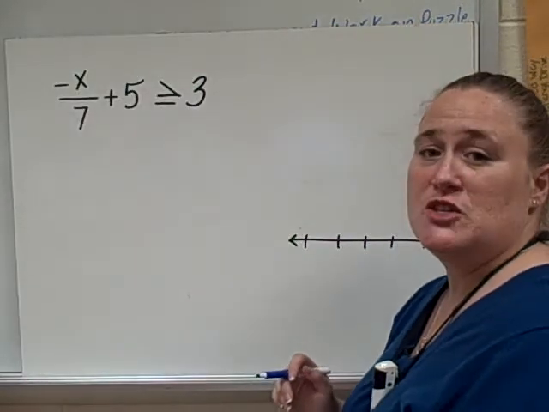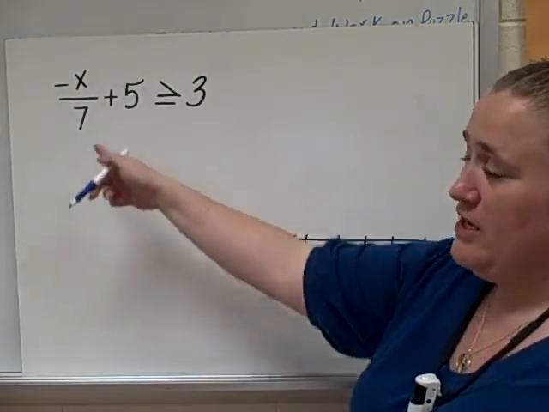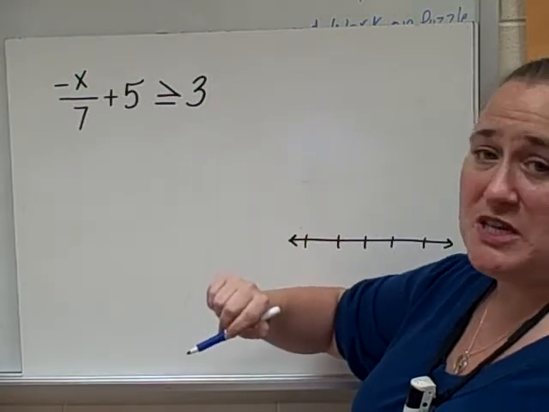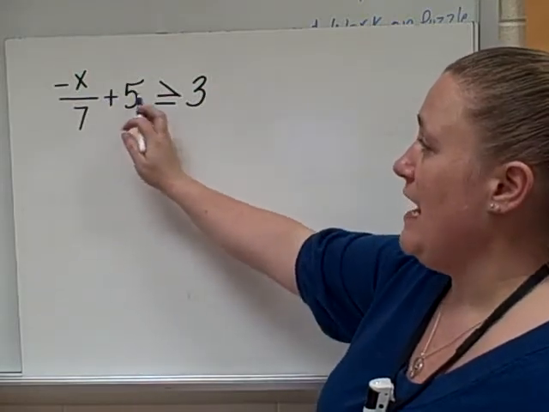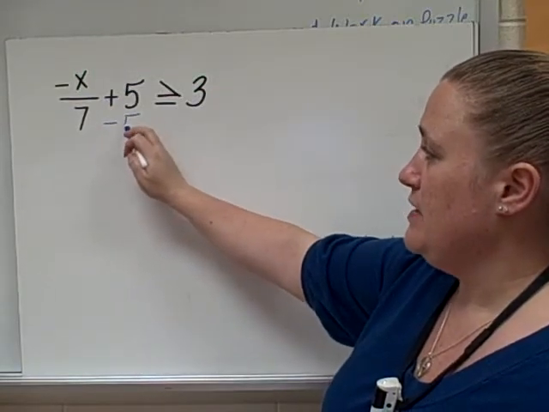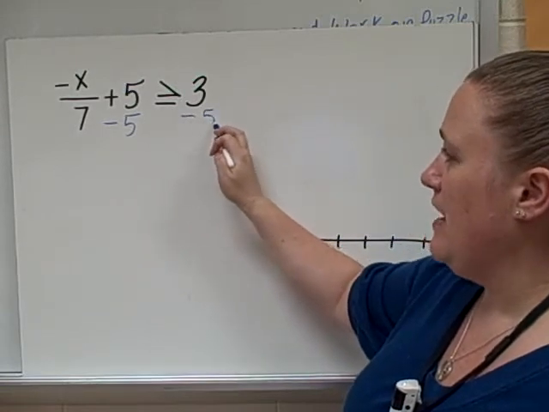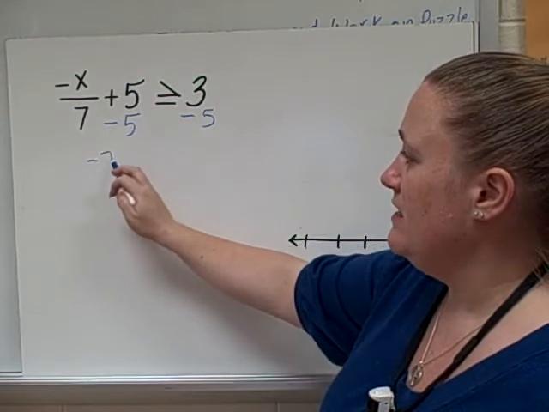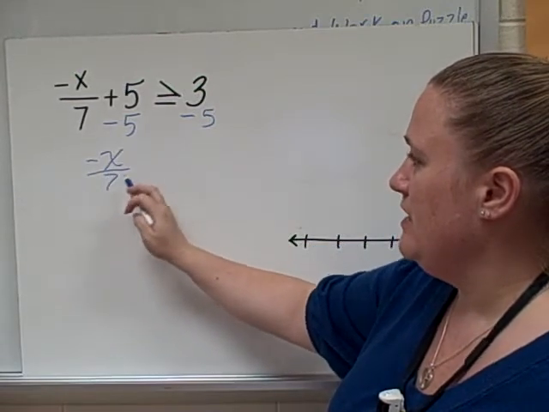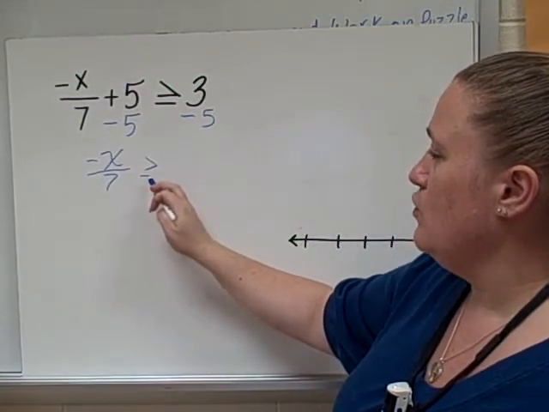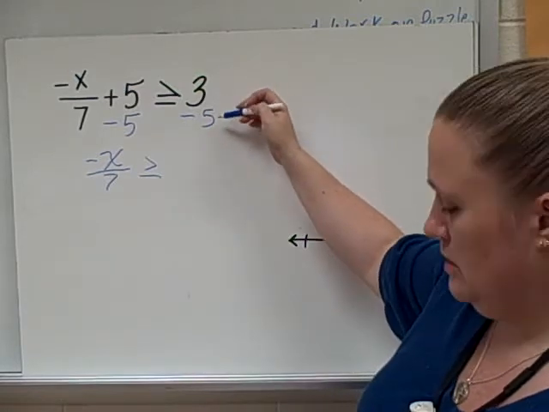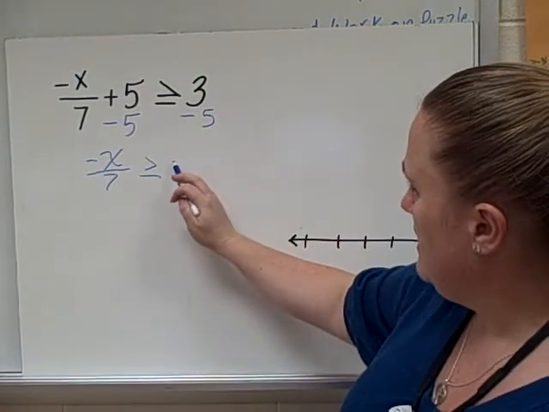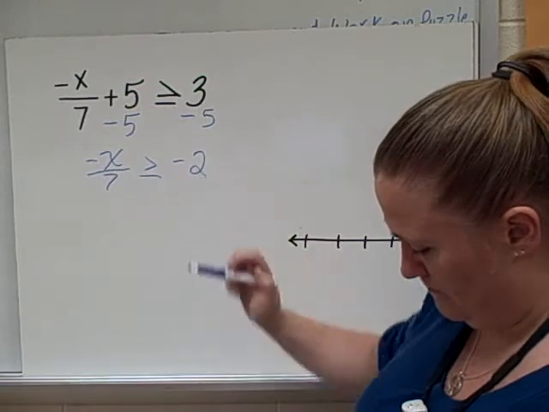All right, so here's another problem. The first thing we're going to have to undo is the add 5, which means we subtract 5. Those cancel, and we get negative x over 7 is greater than or equal to negative 2.